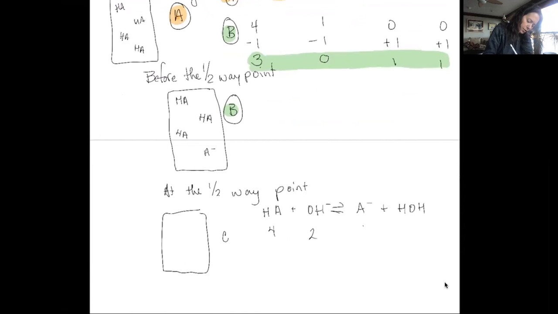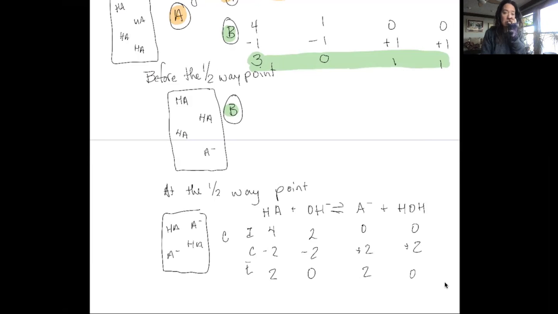We added 2, 0, 0. That's your ICE. We reacted half of it, and we now have equal amounts of conjugate acid and conjugate base. So I should have 2 acids and 2 bases, and they are equal, and we know that pH equals pKa.